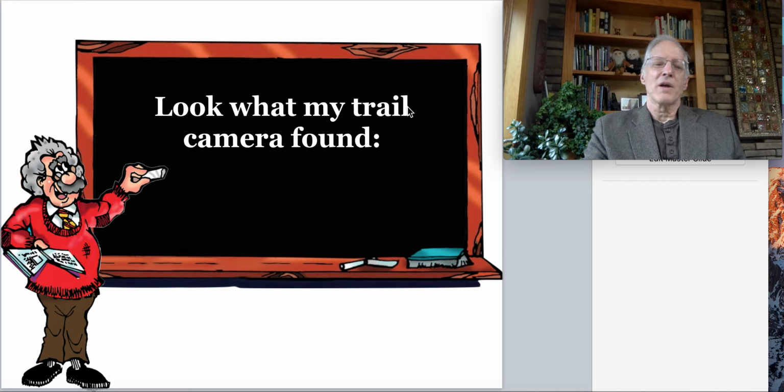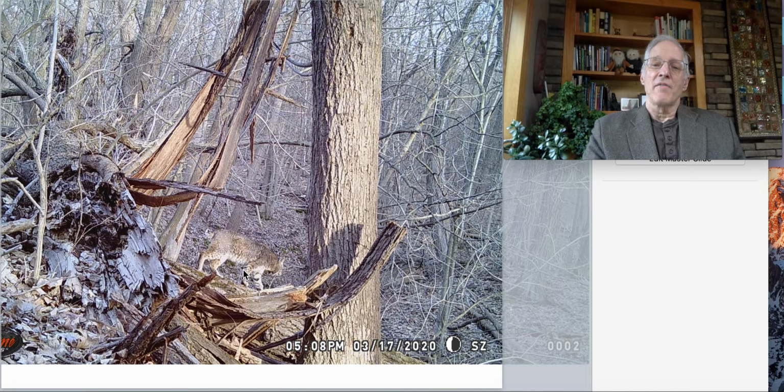It's not. I'm from Iowa. If I was from a different continent, I might say that's a tiger. But it looks like a tiger. It's actually a bobcat. Very, very elusive. I've lived in this area for 35 years. I've seen one bobcat in 35 years. So my trail camera picks them up all the time now.